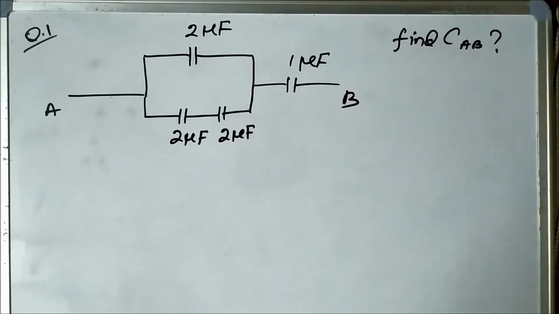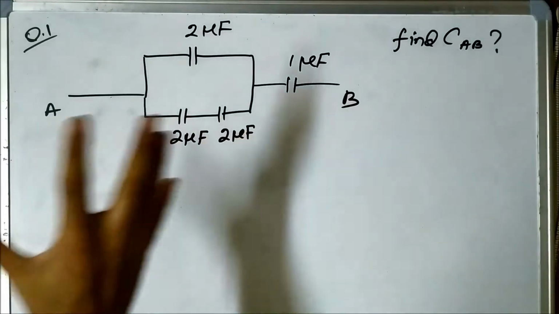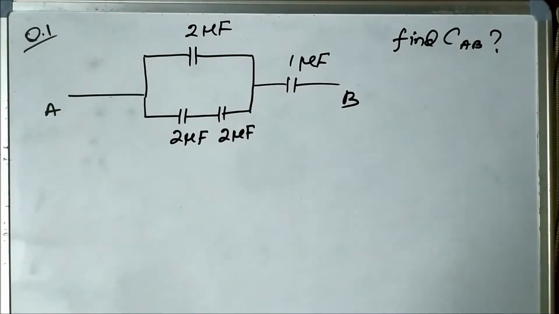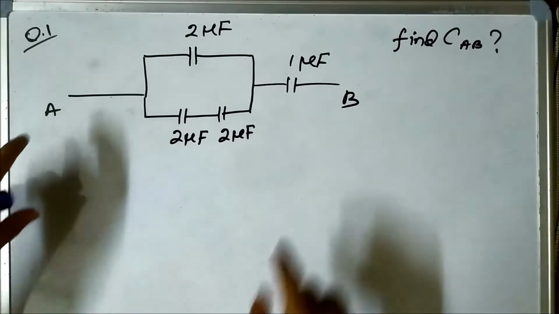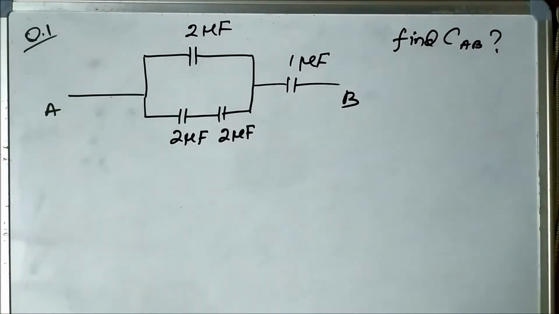Okay, so this is a circuit. You can see there are a total of 4 capacitors, 3 having values of 2 microfarad and 1 of 1 microfarad, which are connected in the given way. So we have to find out the equivalent capacitance between these 2 points A and B. Similar to resistors and inductors, the approach is the same.